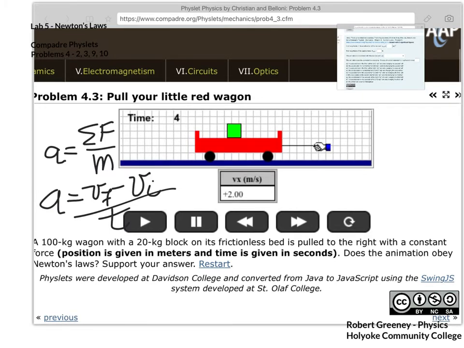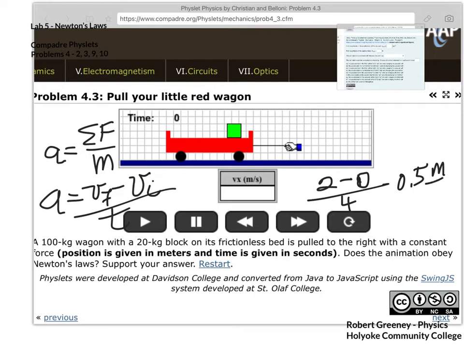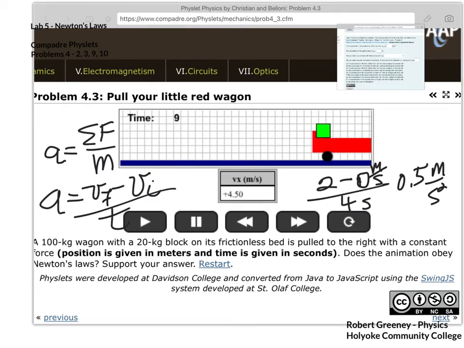So 2 meters per second minus 0 meters per second divided by 4 seconds, 0.5 meters per second squared, right, if I put all the units in. So I just ran it for another time interval. You see there's 2 seconds and 1 meter per second, so I'm going to get the same value. Good, so we have a consistent value there.